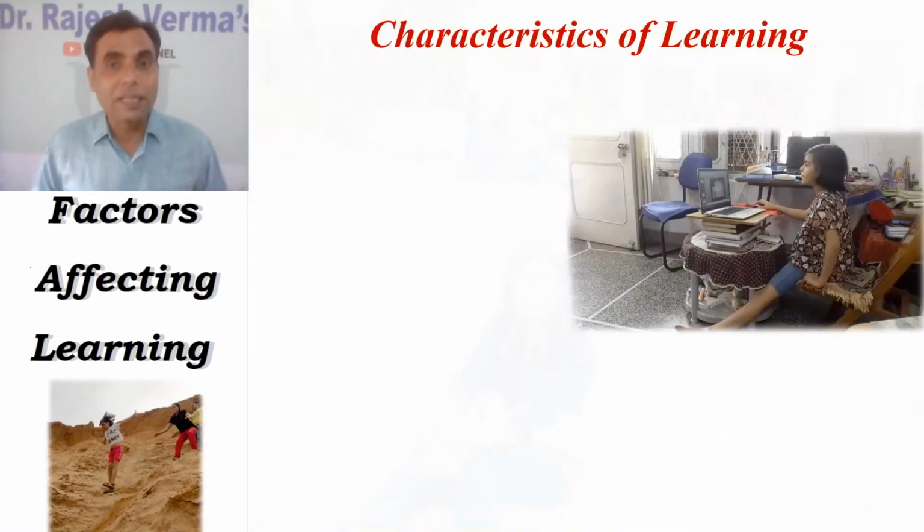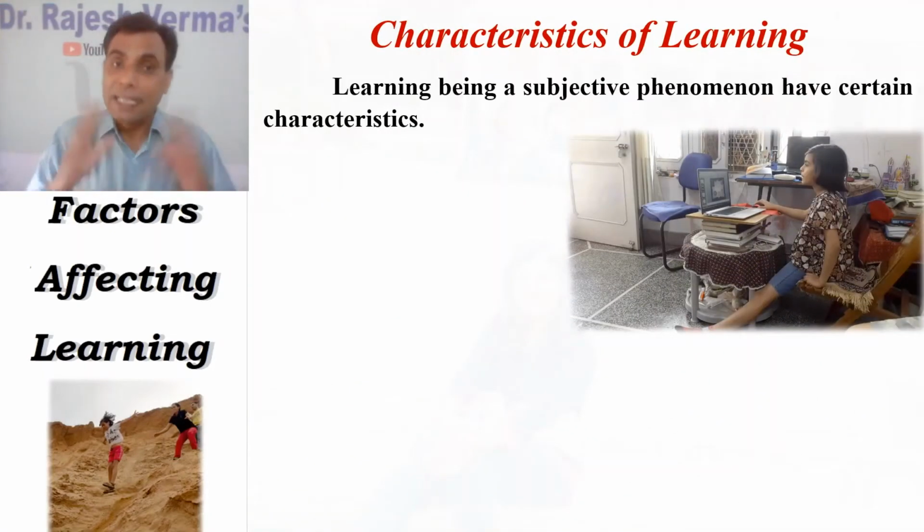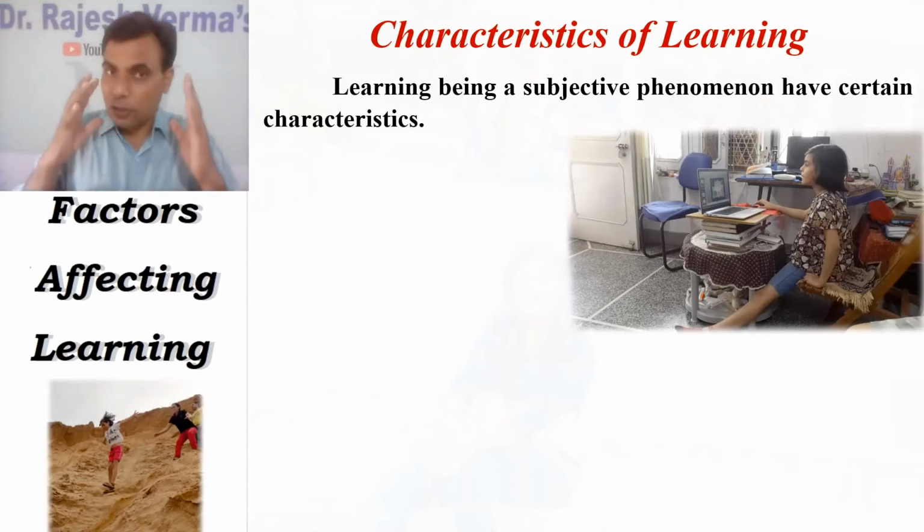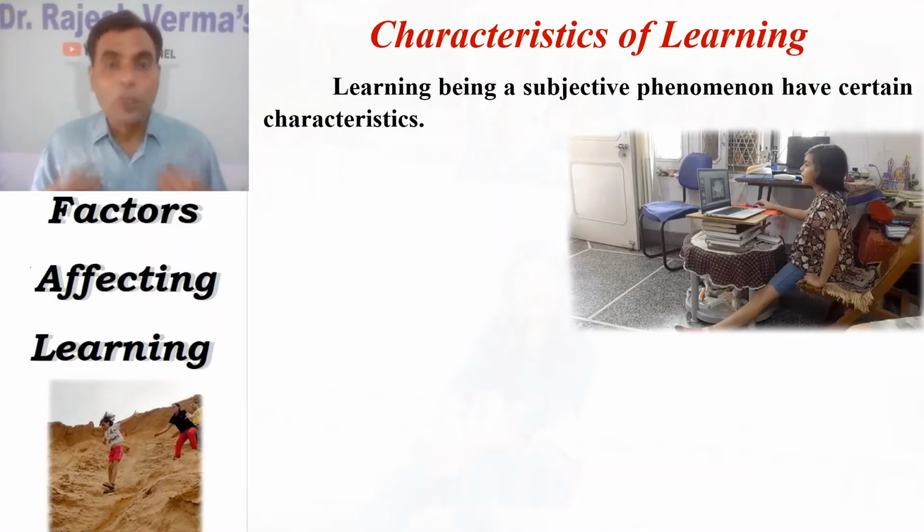We'll be discussing certain factors. Before that, let us discuss some characteristics of learning. Because to understand a concept, my view is that we must know the definition in clear-cut terms as well as the characteristics of that particular concept.